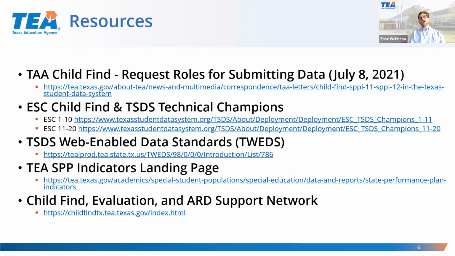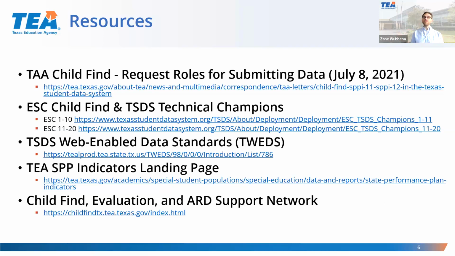And then, of course, on the TEA website, we have an SPP indicator landing page. On this page, it has all of the SPP indicators. And from this page, you can go in and select the SPP 11 indicator, or you can select the SPP 12 indicator. On each of those pages, there are resources if you scroll down toward the bottom.